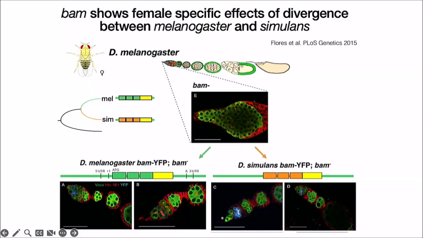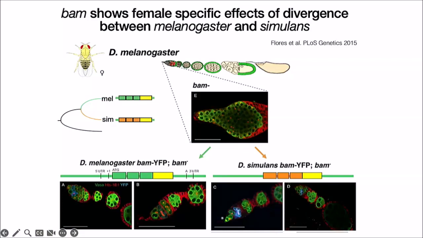We took the melanogaster BAM out of the third chromosome and put it into the second chromosome, and then we could cross a null into the endogenous third chromosome site and study the effect of the Drosophila melanogaster BAM. As a control, we put that back into flies and looked to see whether fertility was normal, and also the number of mitotic divisions here.